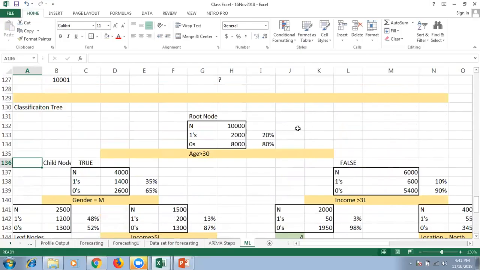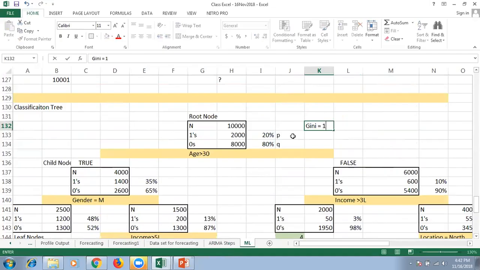So now let's understand. At this point, this is the probability for ones, and this is the probability for zeros. When I take P and Q, this is what you will calculate for the purity of a node. This is what we call Gini.